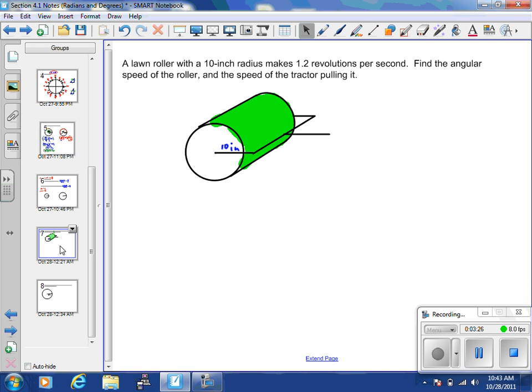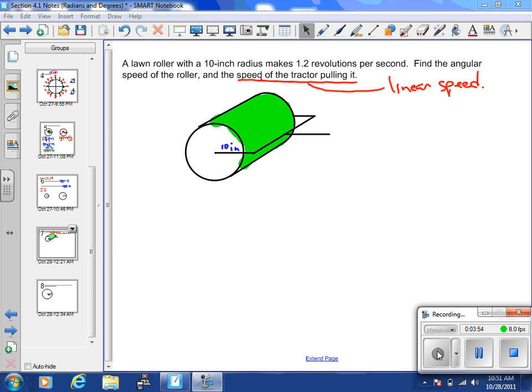So what we're going to do is find the angular speed of the roller, and also find the speed of the tractor that's pulling it. Well, that's a really clever question, because the speed of the tractor pulling it is going to be the same as the linear speed. So basically, we have to find linear speed and we have to find the angular speed of this drum.